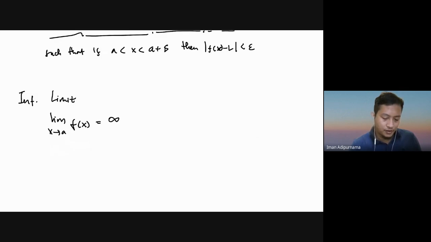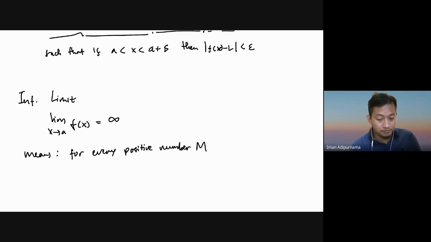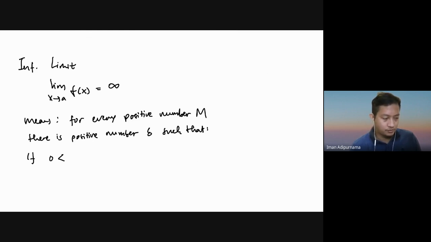So this means that for every positive number m, there is a positive number delta, such that if 0, then we have f of x greater than m. What is m?